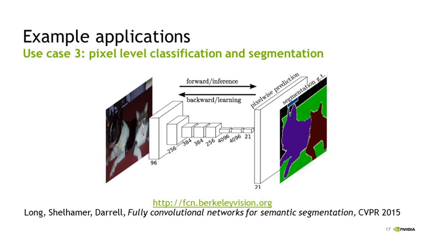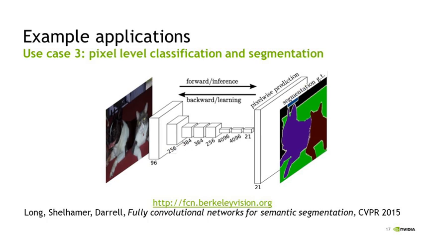Caffe can also be trained to produce pixel-level classification and segmentation of images. So in this case, it's a convolutional neural network where the final output is an upscale.